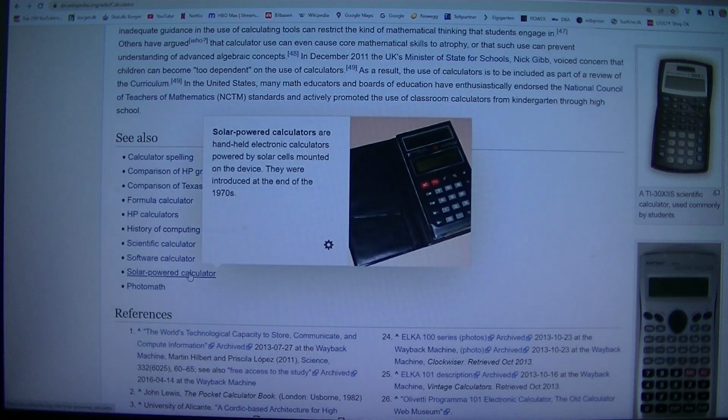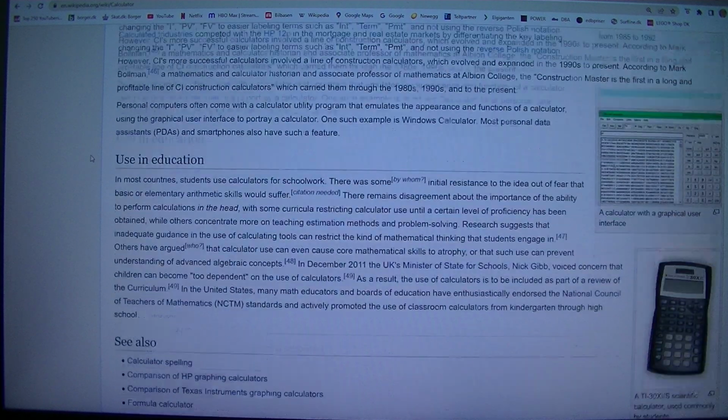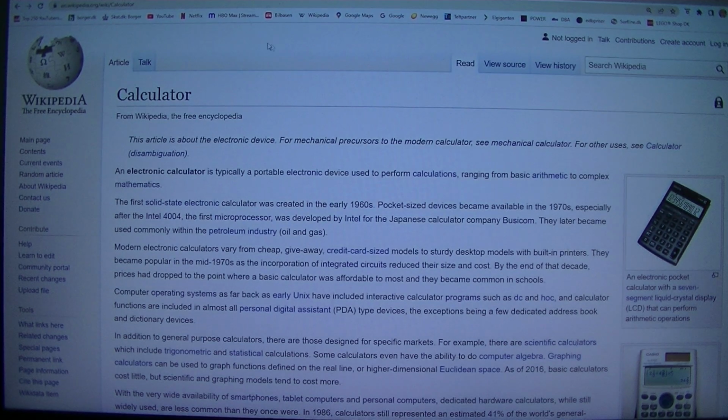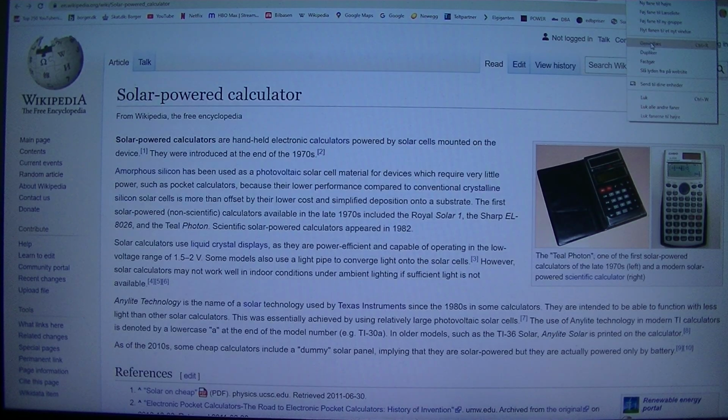Yes, solar powered calculators, so that's a lot of links there. But that's about calculators. Oh, I forgot that. Got this duplicate.